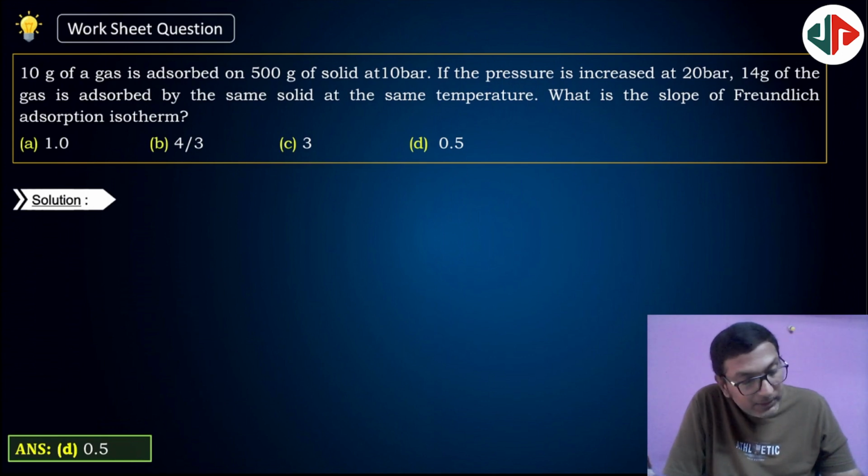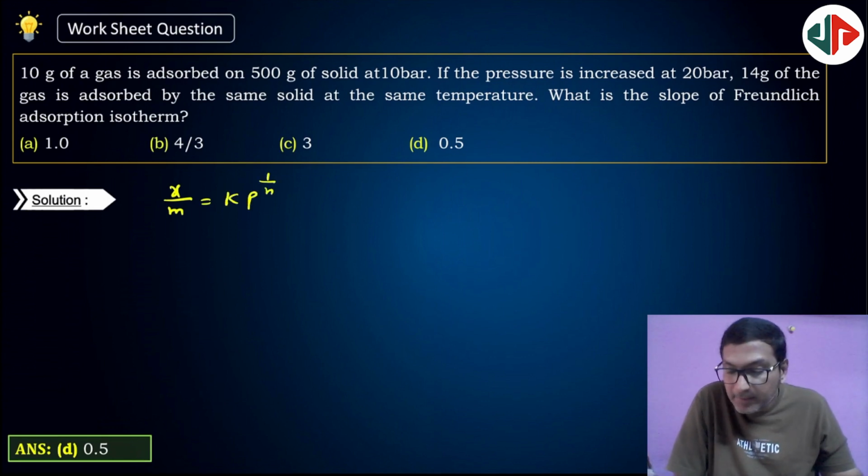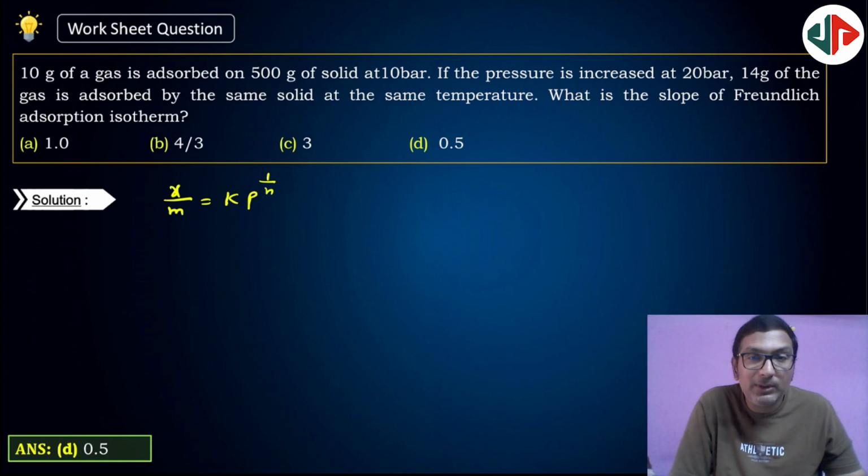So according to isotherm, we can write x by m equal to k into p power 1 by n. So apply first condition. So x is mass, that means amount of adsorbate adsorbed per unit mass of adsorbent. K is constant, p pressure, 1 by n slope.